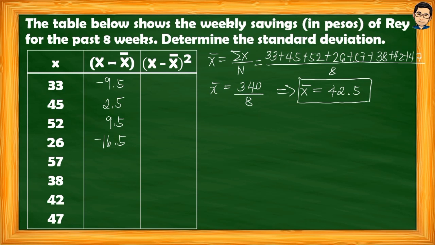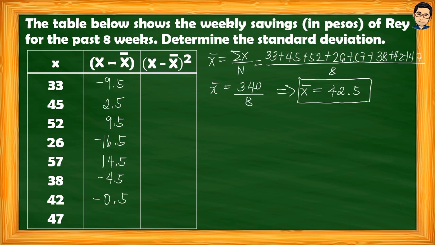57 minus 42.5, that is 14.5. 38 minus 42.5, we have negative 4.5. 42 minus 42.5, that is negative 0.5.